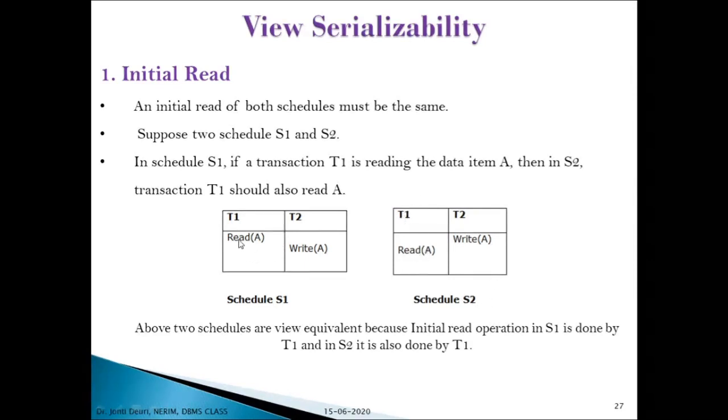Here T1 has a read operation, and on this side also T1 has a read operation. T2 has a write operation here, and here also T2 has a write operation.